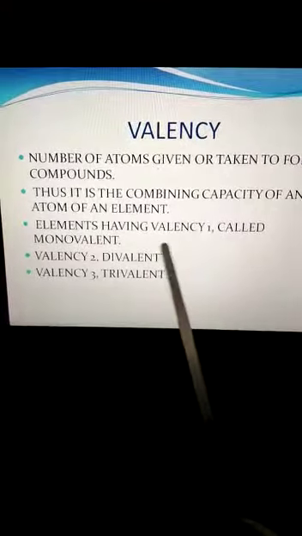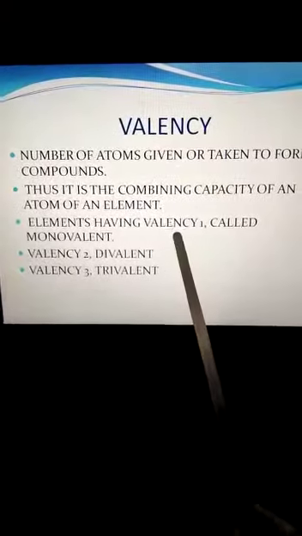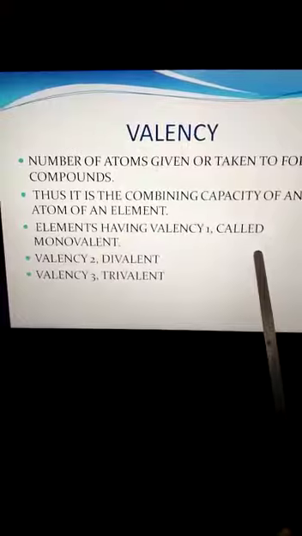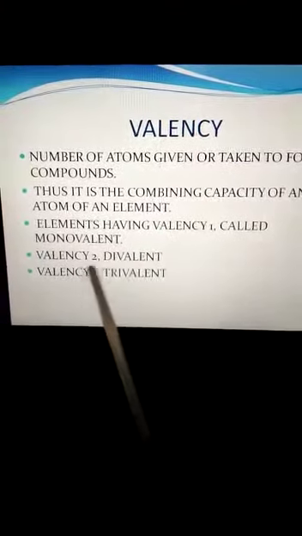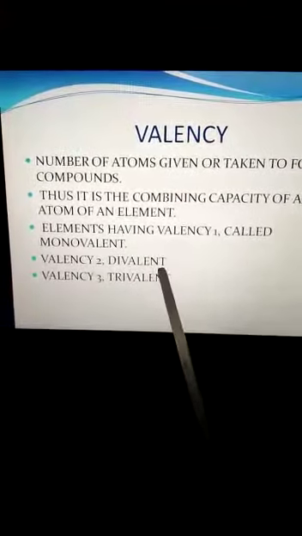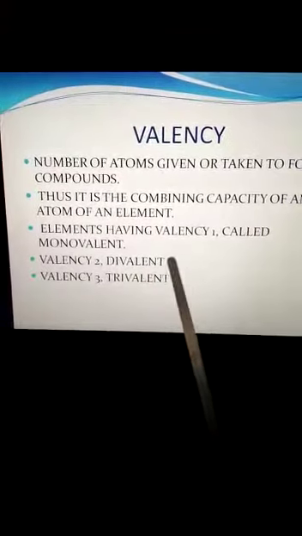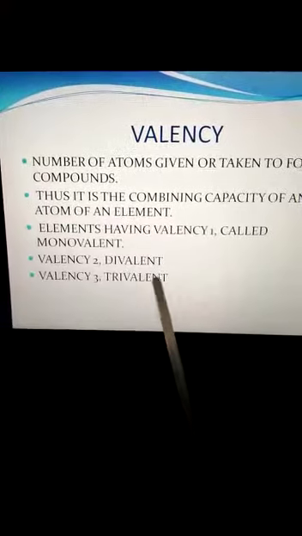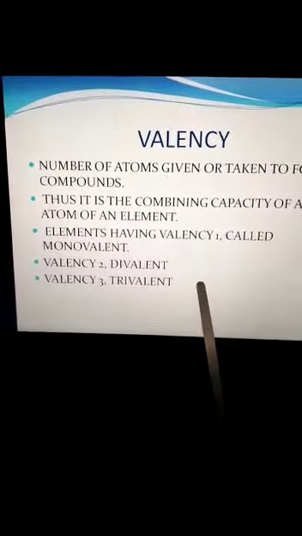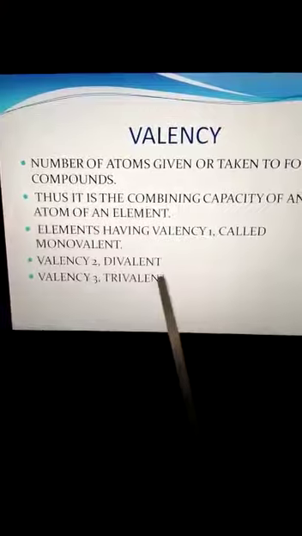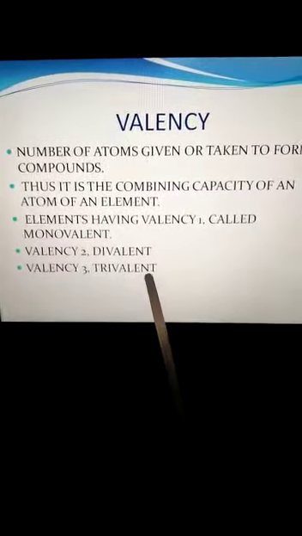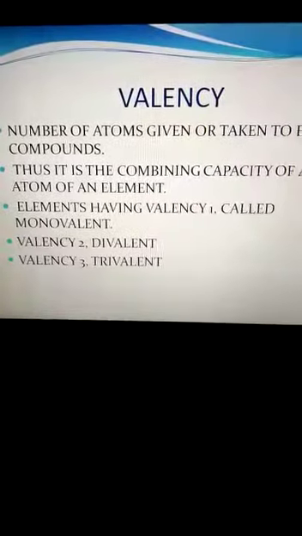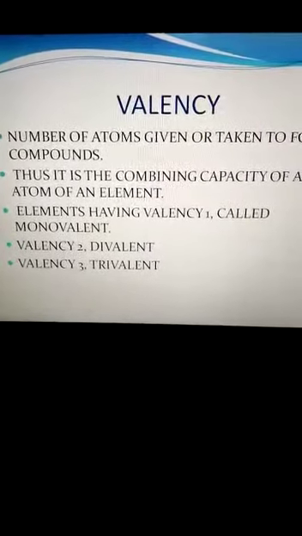For valency 1, the example is sodium, Na+1, positive valency, and Cl-1, negative valency. Divalent ions are like Ca2+, and trivalent like Fe3+. Trivalent means it can donate or accept 3 electrons.